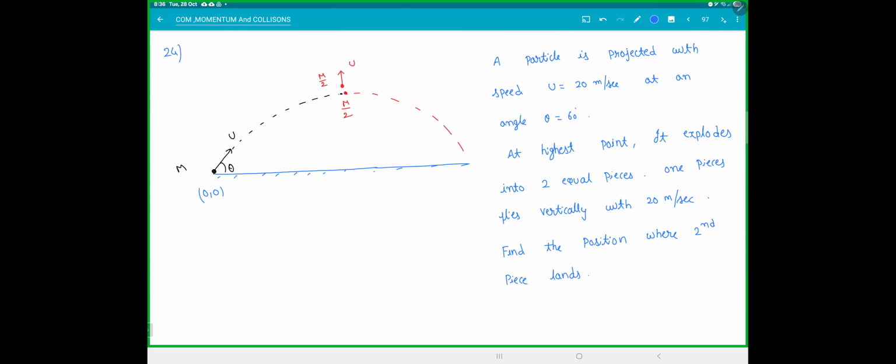Hope the question is clear. How do you do this? There is actually an easier version of this question. I'll show you that later. Others, do keep your cams on.